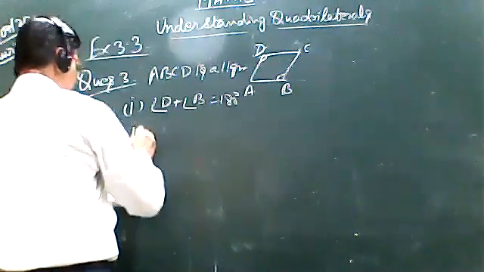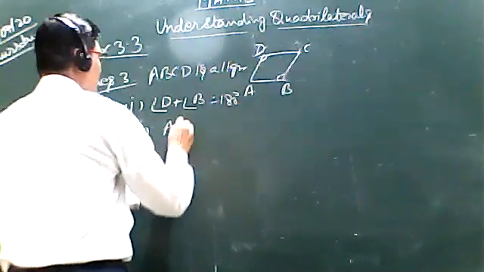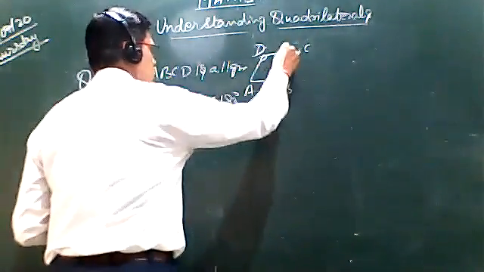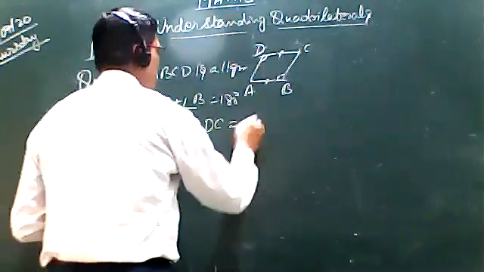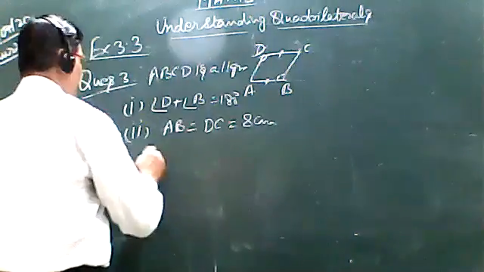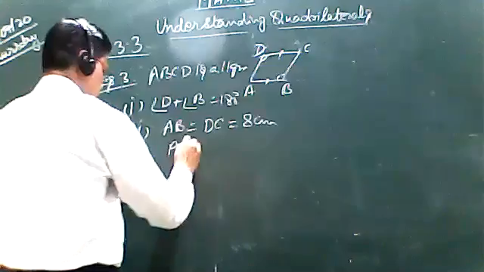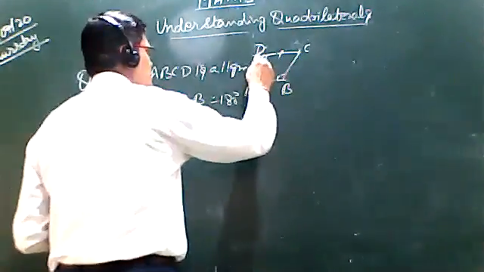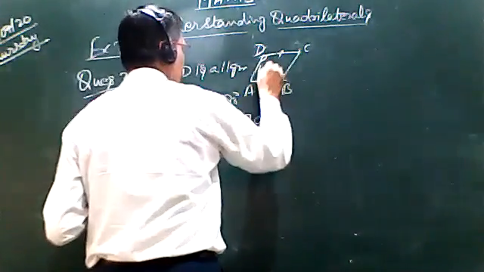And the second part: AB is equal to DC, and both are 8 centimeter. And AD is equal to 4 centimeter.